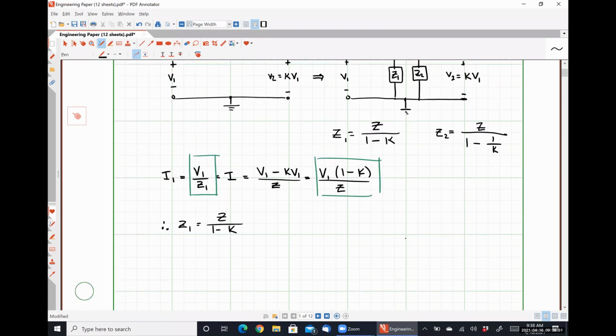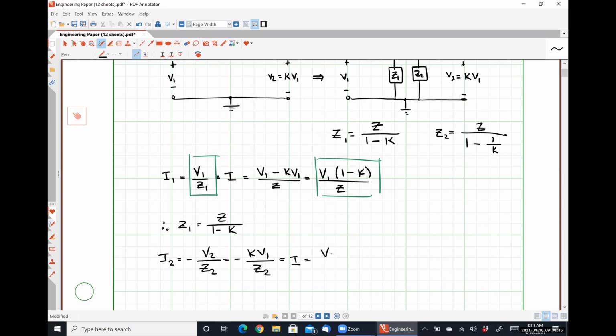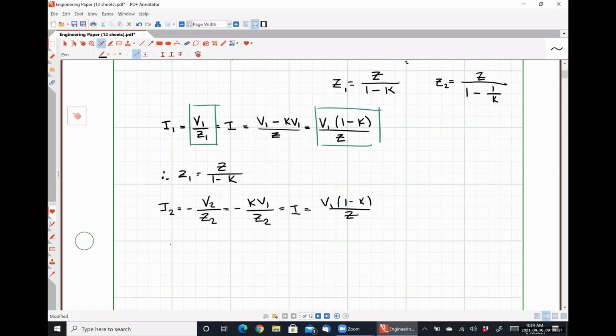So that gives us I2 is equal to negative V2 over Z2, which is in turn negative K V1 over Z2, has to be equal to I, which we know to be V1 times 1 minus K over Z. And so this tells us that Z2 is negative K Z divided by 1 minus K.